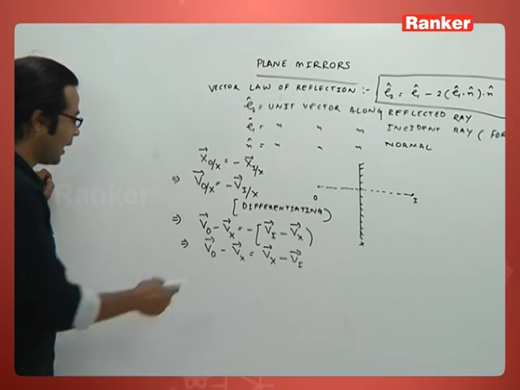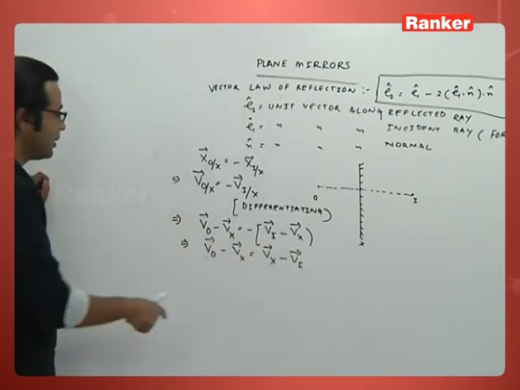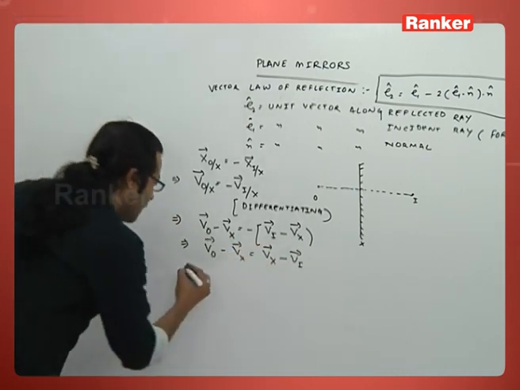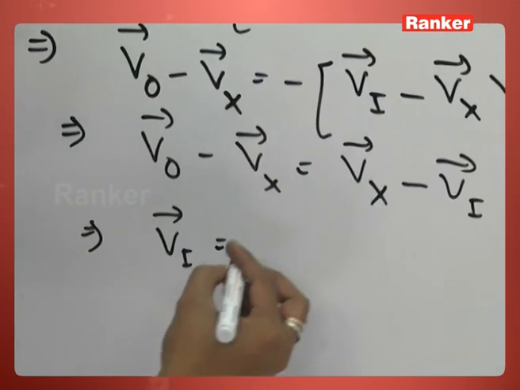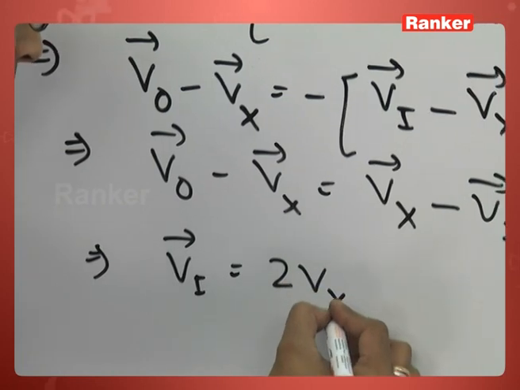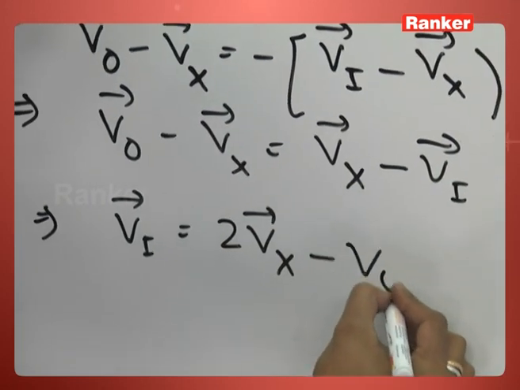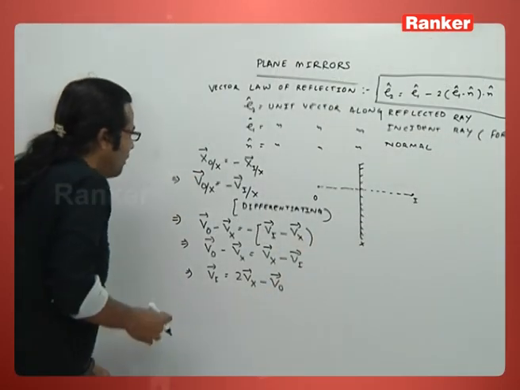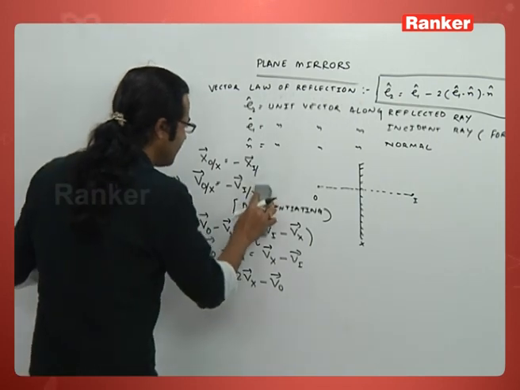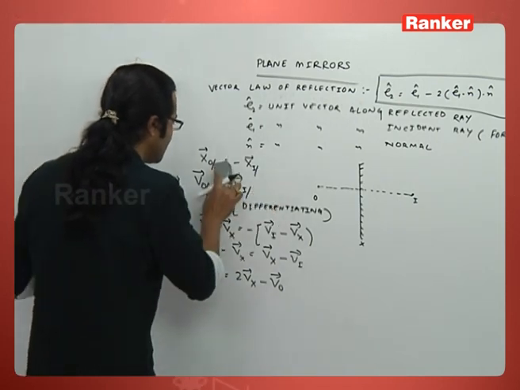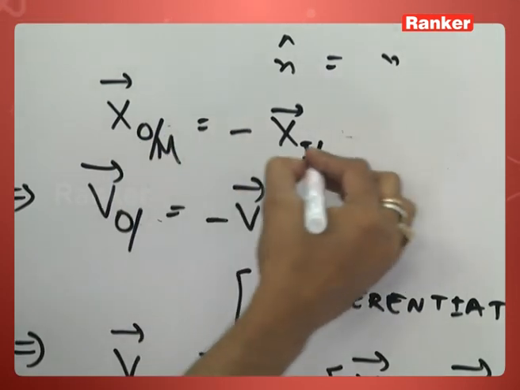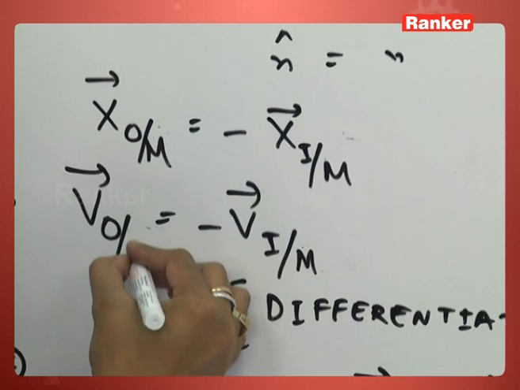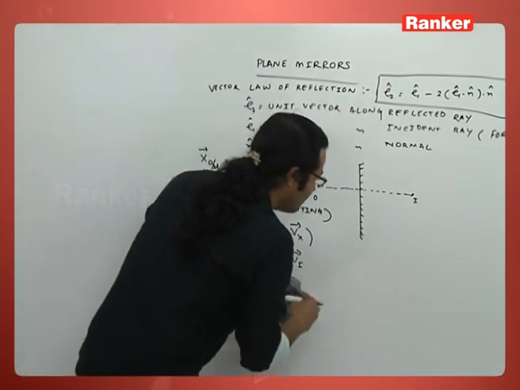Now I take this velocity of image to this side, I can write velocity of image is equal to, so instead of x, I change it to be mirror. That will be very fine with us. So here I take this to be m, mirror.